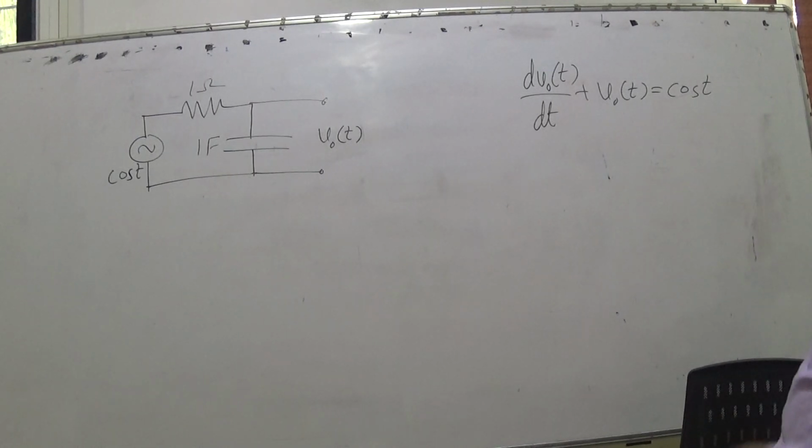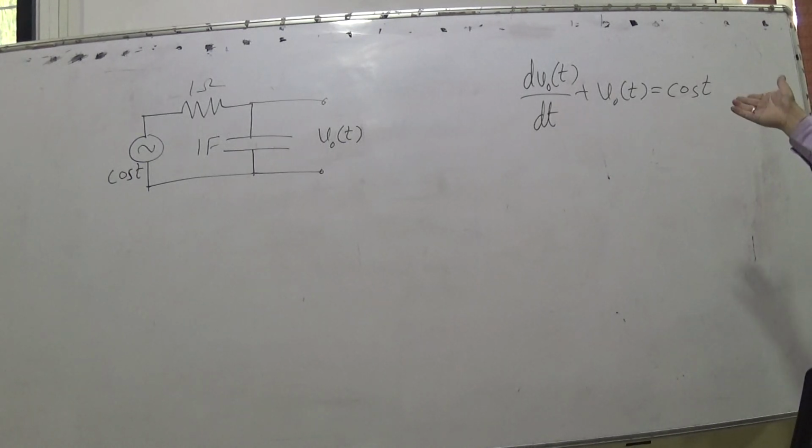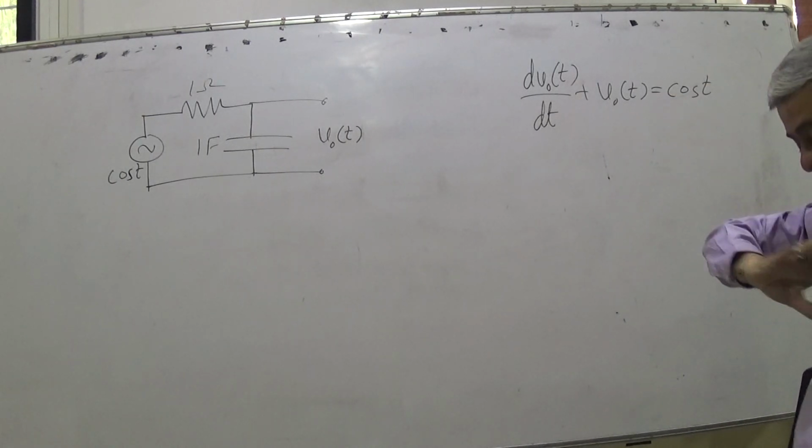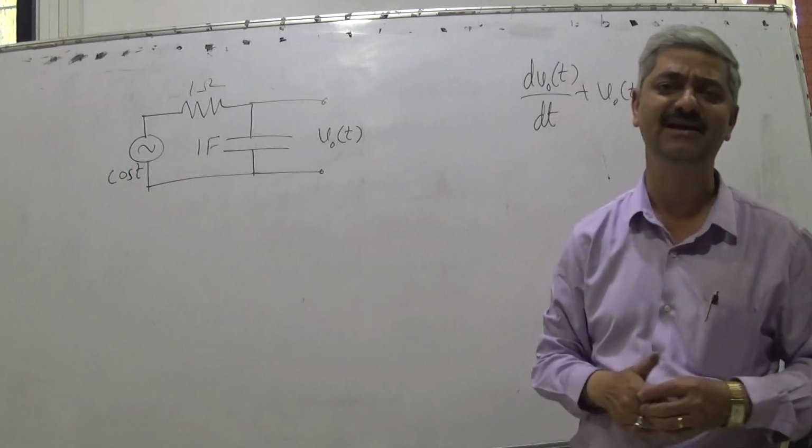Integrating it all over again goes to a very complex state. You just can't get a direct solution to it. Then we may go by trial and error.